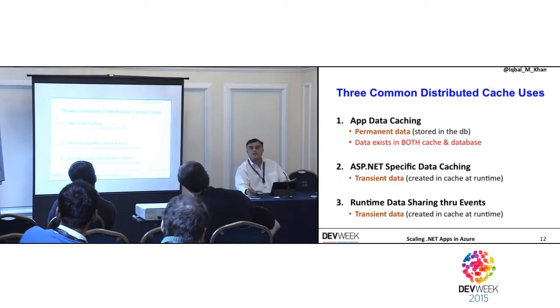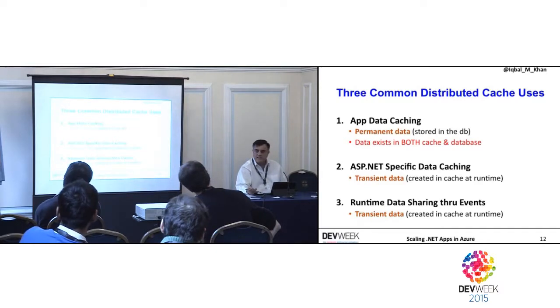So that's the second common use case, and I'll go into more detail into each of these. I'm just giving a high-level picture at this time. The third common use case is something that a lot of people don't know, which is runtime data sharing through events. You've probably heard of the PubSub, publish-subscribe model, that you can use. So that's the type of model that you can use here.